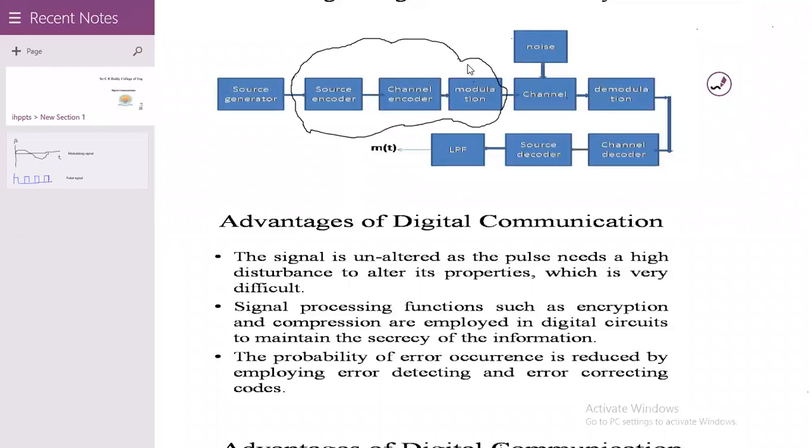Here the modulation techniques are PSK, ASK, and FSK: phase shift keying, amplitude shift keying, and frequency shift keying. Three are used. What is the advantage of these blocks compared with analog communication?